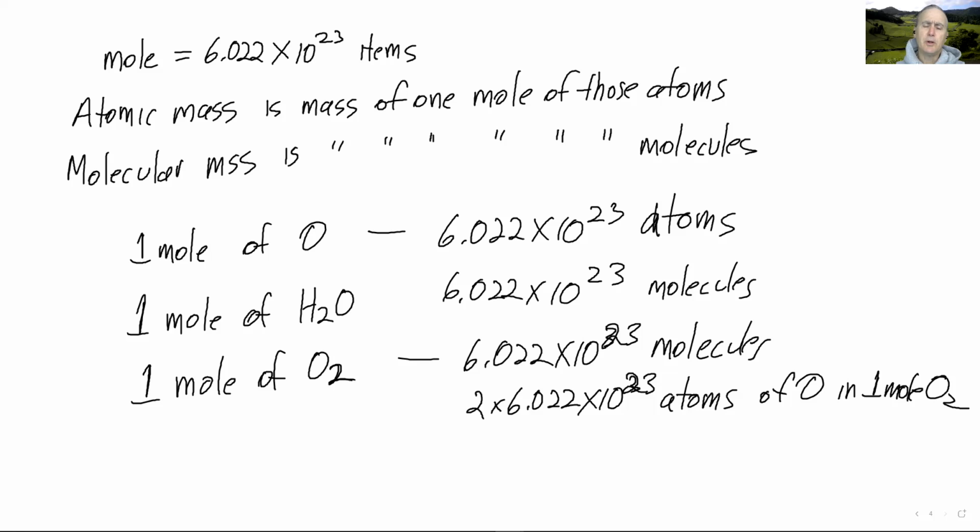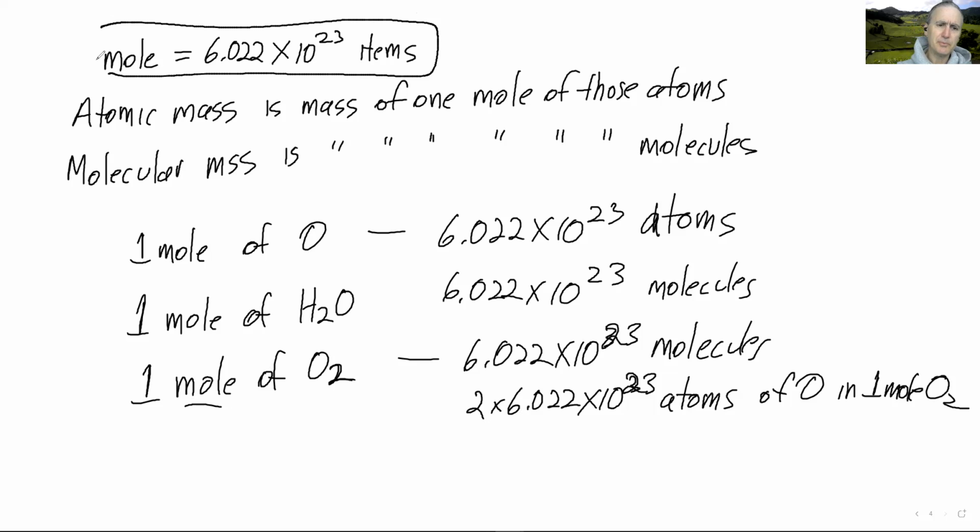So that's how you think about this in terms of quantities. And remember, mole is just a shorthand for this. That's all it is. It's just a number, right? So it's just a shorthand.